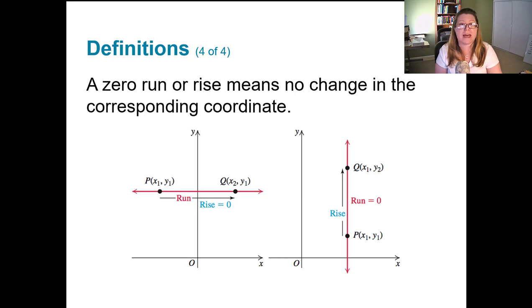And the problem with that is that it forms a wall and there's no slope, right? To a straight up and down line, there is no slope. Mathematically, it's undefined. When we have a horizontal line, that is 0 slope.